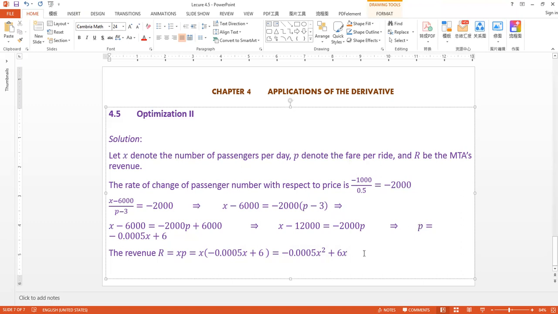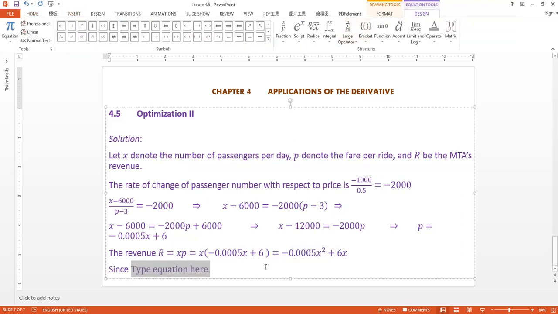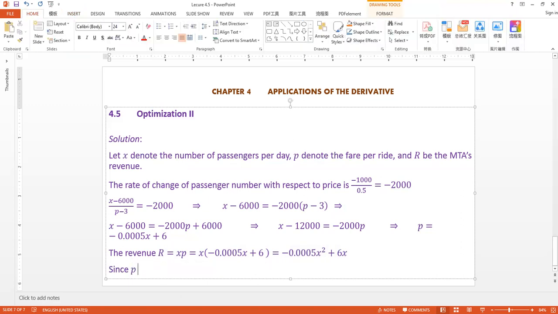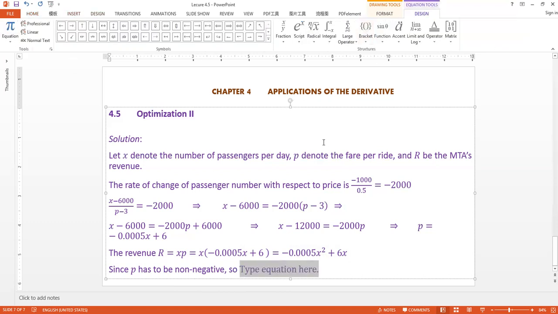So let's just figure that out. Since the price has to be non-negative, you cannot get a negative price. You don't pay the person who takes the ride. So that means p is greater than or equal to 0.